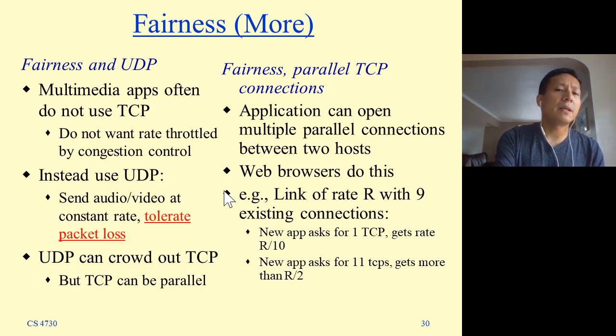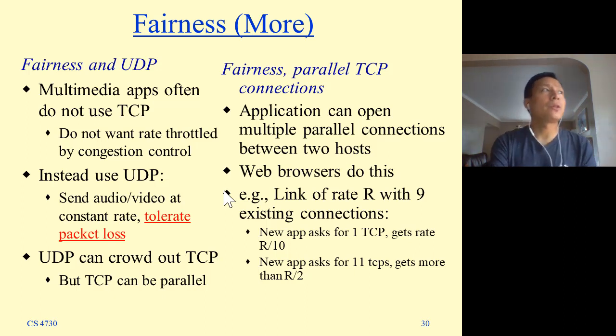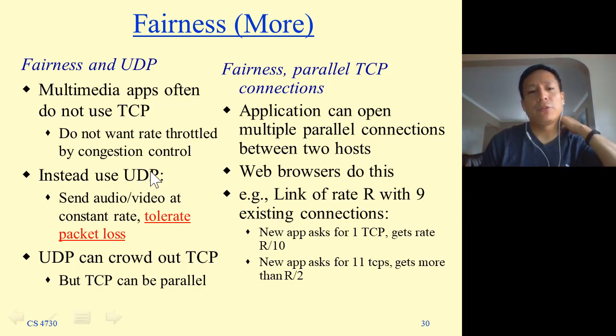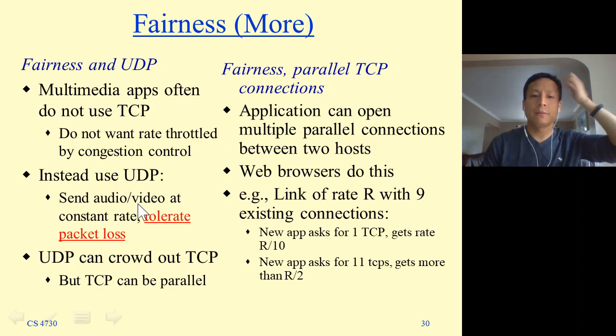That's why for multimedia applications, if you want real-time messages, you cannot use TCP, because TCP slows down, goes up, and vibrates, which is definitely bad news for live media streaming. So instead you have to use UDP for live streaming.